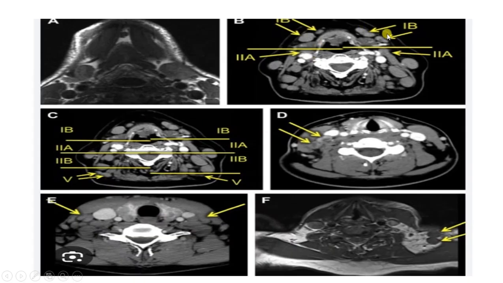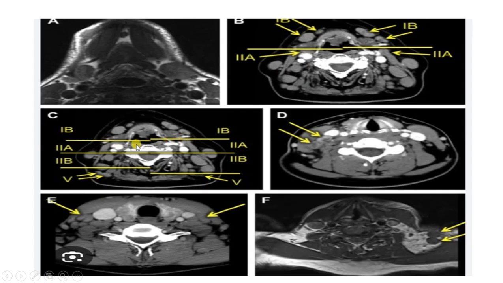And in the axial view, the 1B lymph nodes are identified anterior to the submandibular gland. This is the submandibular gland, and this is a 1B lymph node, and this is the carotid sheath, and anterior to the carotid sheath, level 2A lymph nodes and the sternocleidomastoid muscle, and here the level 2B lymph nodes are identified.